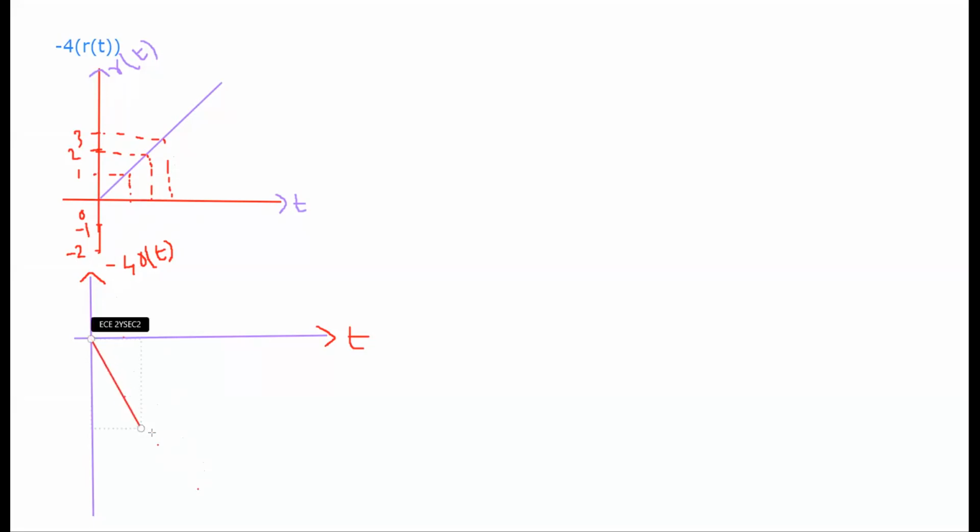So the signal looks like this. The signal is almost similar to this. So this is how minus 4 into r of t looks like.